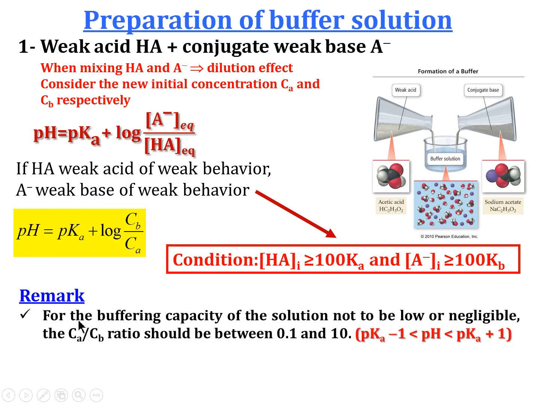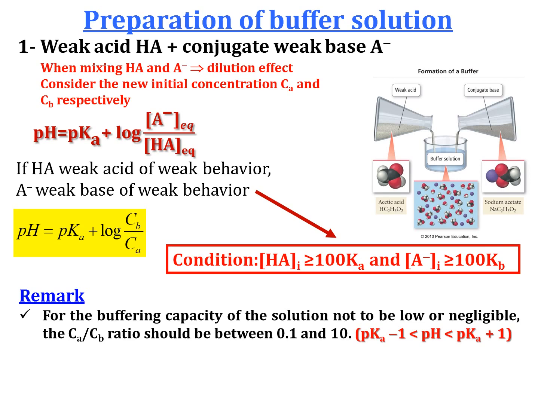Note that, for the buffering capacity of the solution not to be low or negligible, the Ca divided by Cb ratio should be between 0.1 and 10. So a good buffer solution should have a pH between pKa of the couple HA/A- minus 1 and pKa plus 1.